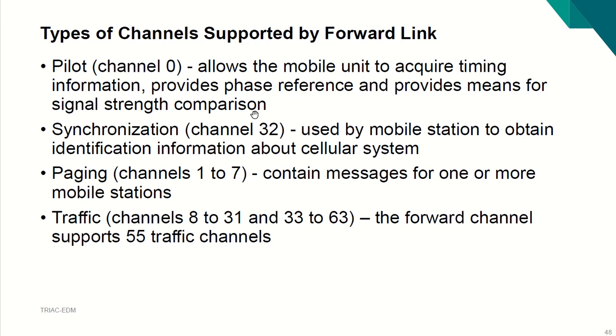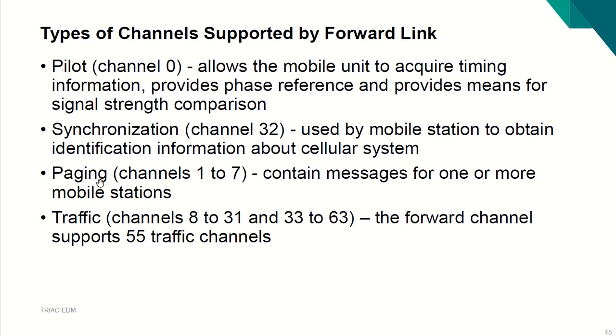You need to control your power at a certain level so that the signal is received properly. So that's what the pilot is doing. Then the synchronization channel is used by the mobile station to obtain identification information about the cellular system, so it can get synchronized.